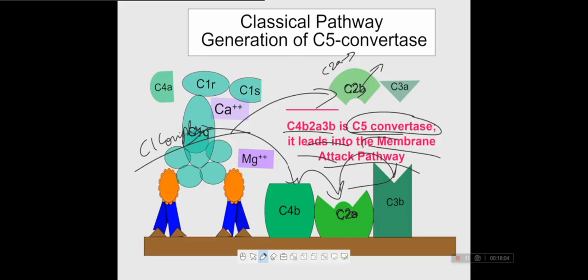When this C5 convertase is activated, it activates C5, and after that this C5 helps in the membrane attack pathway. Clear?